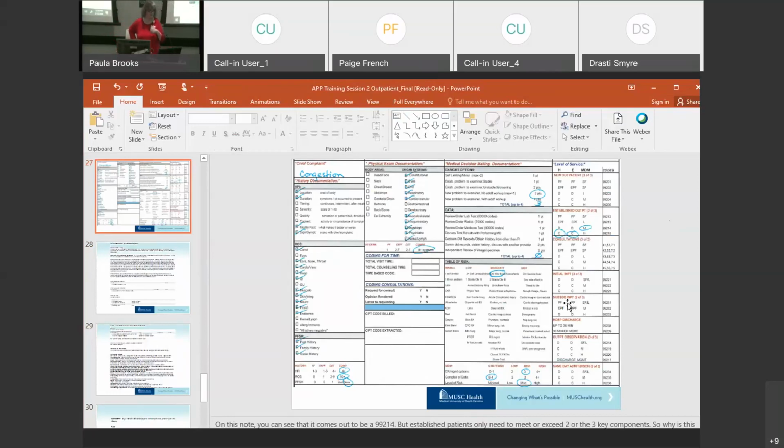Because we still had a comprehensive history and a comprehensive exam on this one, we had more than enough. Technically, this would have been a 5, except that the complexity wasn't there for it. So we made it a 4. So if this had been a new patient, we still would have been a 4 because we still had a comprehensive history, a comprehensive exam, and moderate complexity.